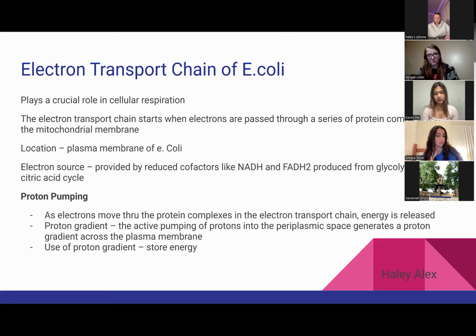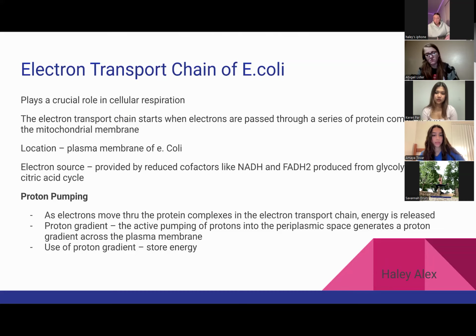The main protein complexes and the mobile electron carriers are NADH dehydrogenase, cytochrome B1 complex, cytochrome C, and cytochrome C oxidase. The proton gradient is the active pumping of protons into the periplasmic space, which generates a proton gradient across the plasma membrane.